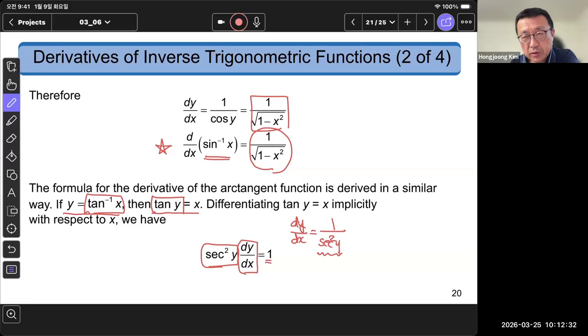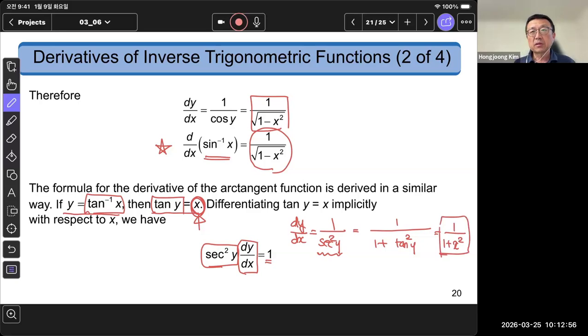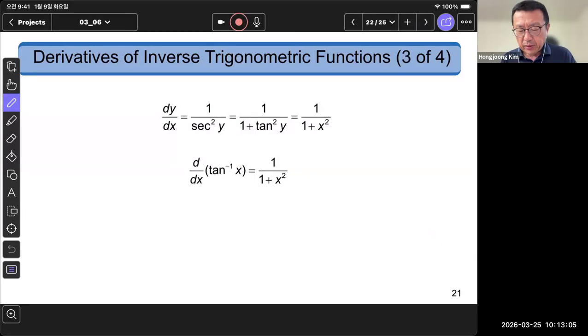So what I can consider is, okay, secant y squared comes from 1 plus tangent y squared, and tangent y was x. So this will be 1 over 1 plus x squared. Now I have some expression in x. And okay, so I'm happy with this one. So that means if I differentiate arctangent, you get 1 over 1 plus x squared.